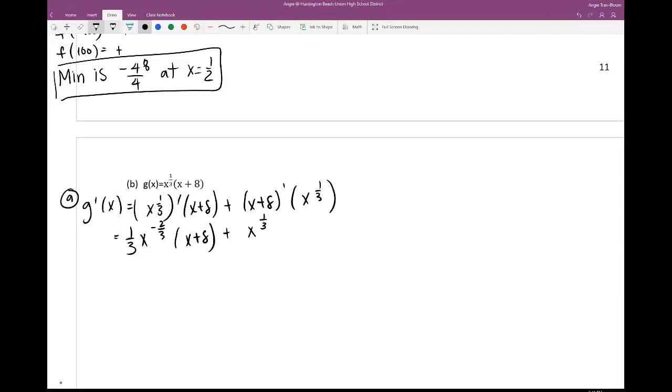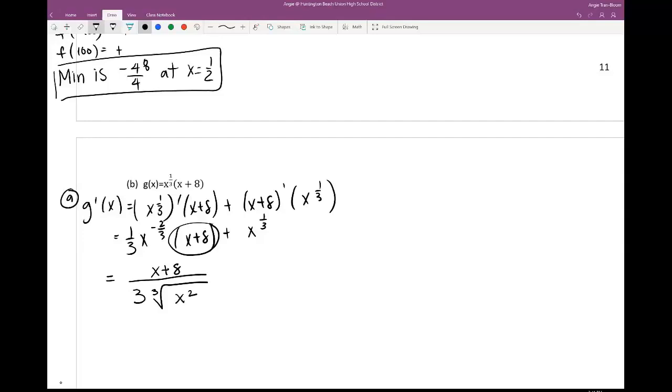All right, then from here, we would need to see if I can simplify this a little bit. Can I make the negative 2/3 into positive? Yes, I can. This is already positive, so that stays on the top. The 3 goes on the bottom. So denominator of 3, so this is 3rd root of x squared.